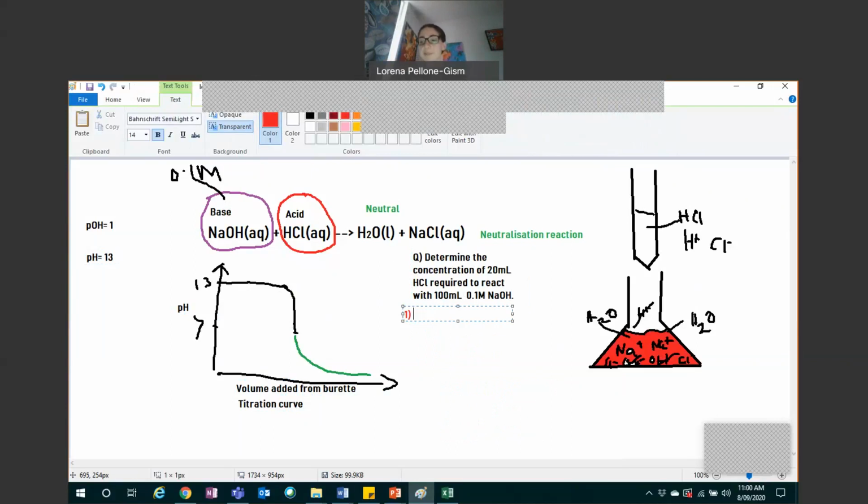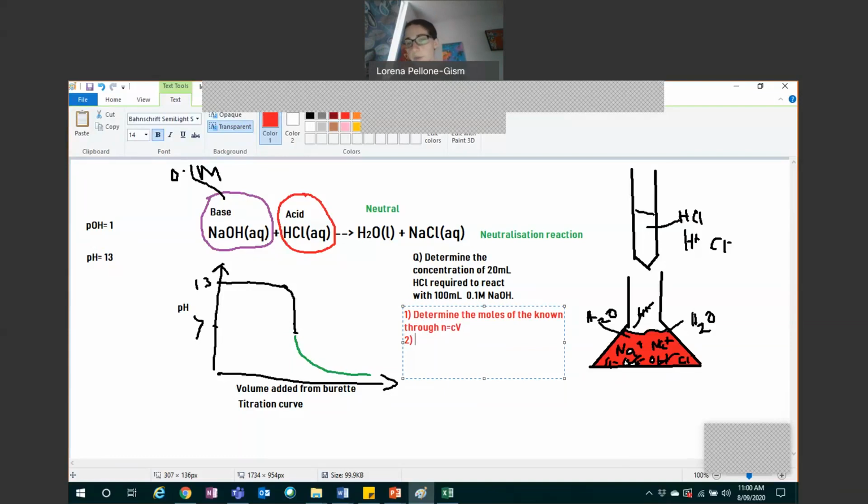So I'm going to give you some steps to work out the concentration of your unknown. So step 1, determine the moles of the known. And how are we going to determine the moles? Well, we've got concentration there and volume there. So we're going to do concentration times volume, n equals c times v.